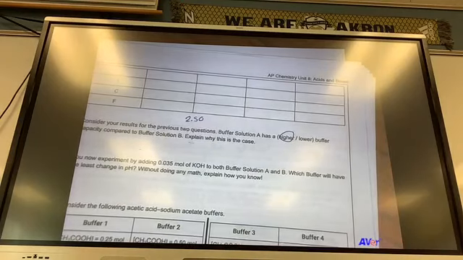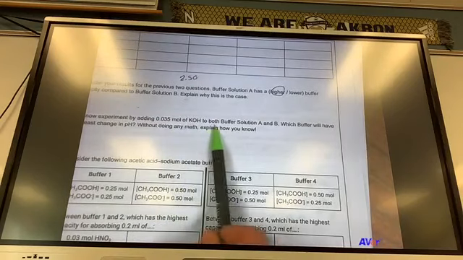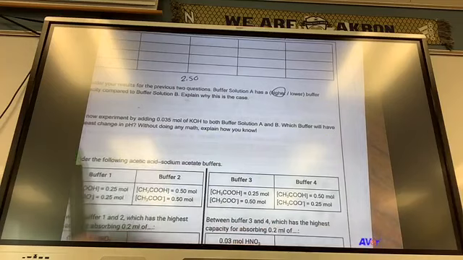Buffer A had 0.5 molar and 0.5 molar, right? Buffer B had 0.05 and 0.05. Less molarity. You now experiment by adding 0.035 KOH to the buffer A. Which buffer will have the least change in pH?